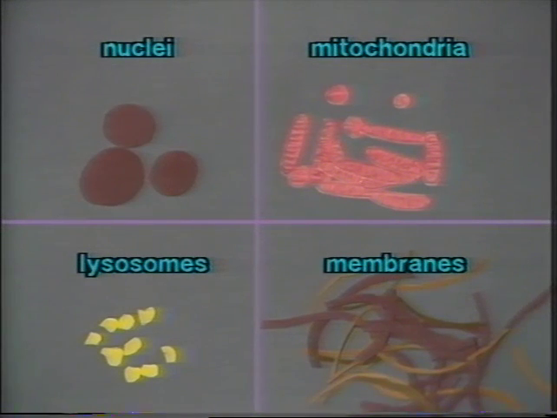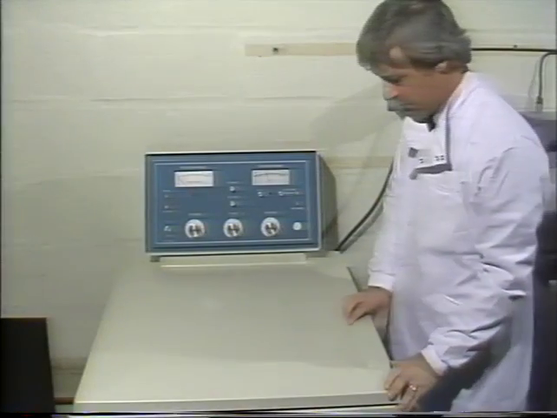Each type of organelle is separated from everything else in the mixture, producing a series of subcellular fractions, hence the name. In practice, the separation isn't nearly as clear-cut as this.